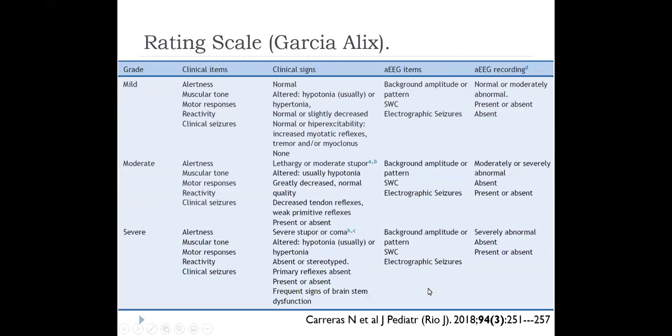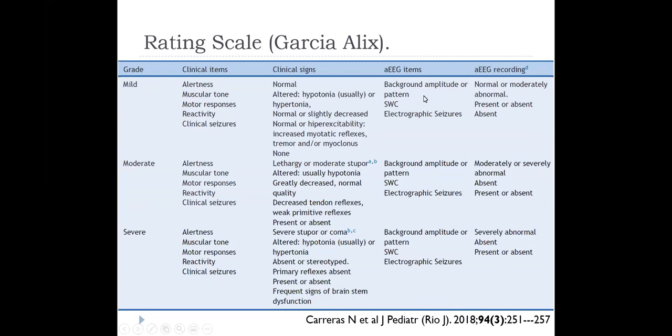Okay, we are using the rating scale of Garcia-Alix because it's very reliable and very easy. The clinical items that we use are only alertness, muscular tone, motor responses, reactivity, and clinical seizures. The previous version of this rating scale, from 2018, includes the aEEG recording.